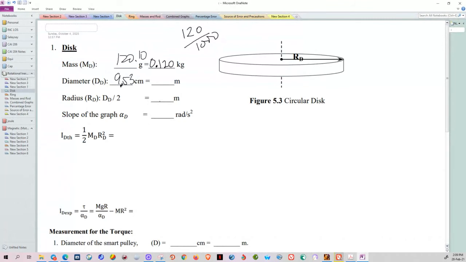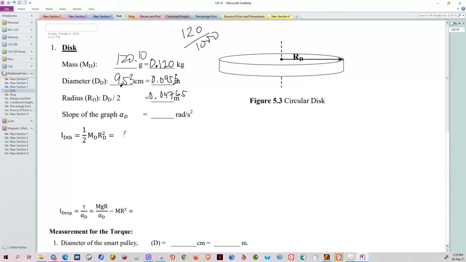Like I told you, Shabab, you should have a calculator at home or in the lab. 9.53 divided by 2. Sorry, make it meter, which means divide by 100. It's 0.0953. Musa is correct. 0.0953, divide that by 2 will give you 0.04765. Okay?